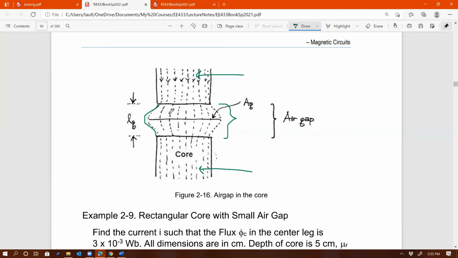Because of the expanding path, the effective area of the air gap would be bigger than the effective area of the core itself. Make sense, hopefully? All right.